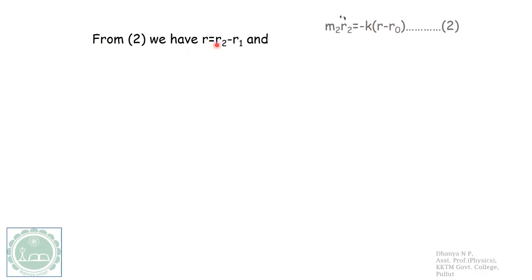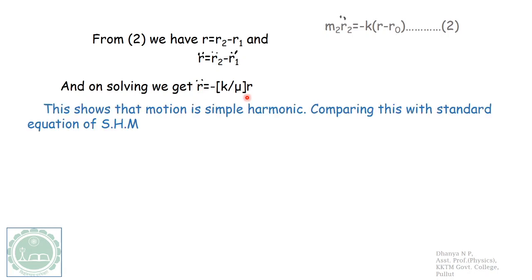From equation 2 we have r is equal to r2 minus r1, and r double dot is equal to r2 double dot minus r1 double dot. Solving, we get r double dot is equal to minus k by mu r. This is an equation similar to that of simple harmonic motion.